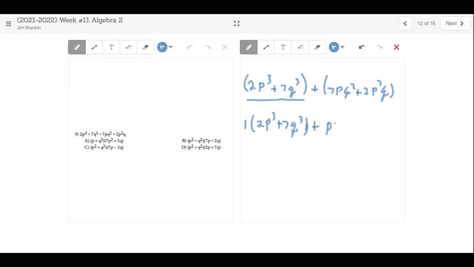This is not looking nice. So I'm going to factor out a pq here. So that gives me 7q squared plus 2p. Huh. Whoa. That one does not look nice, does it?